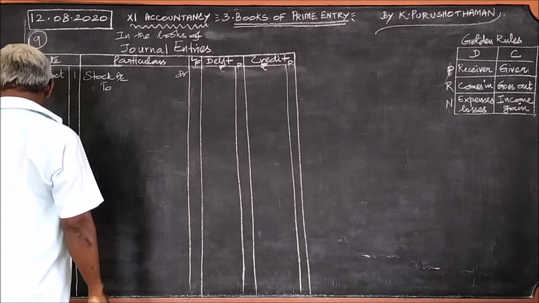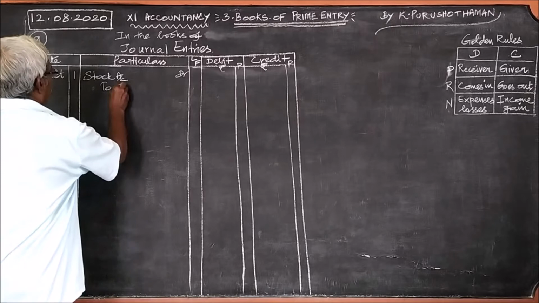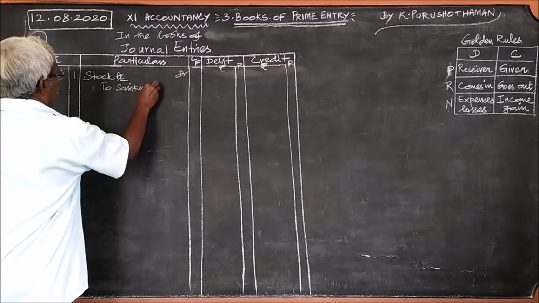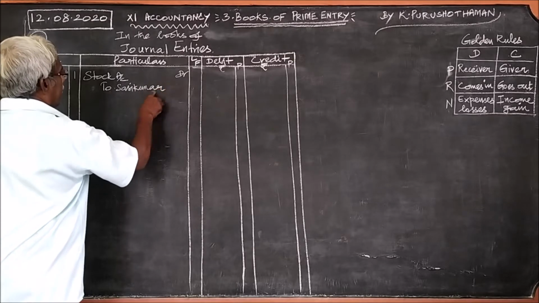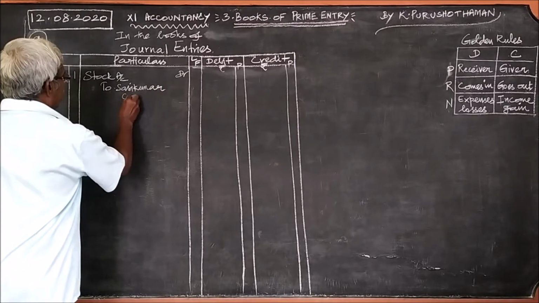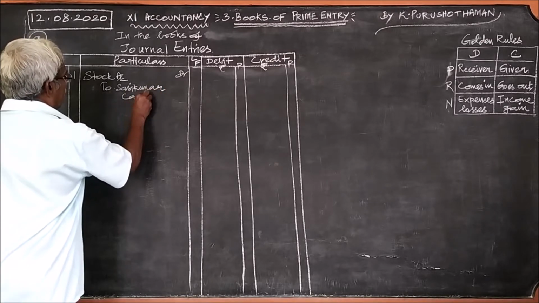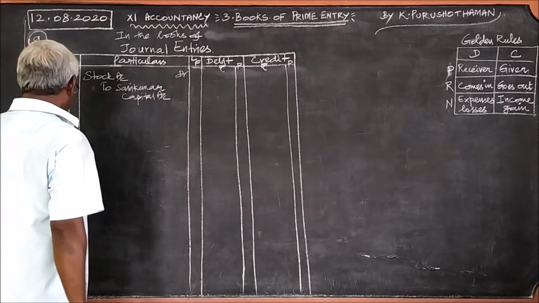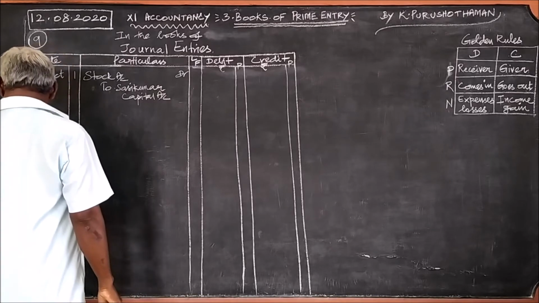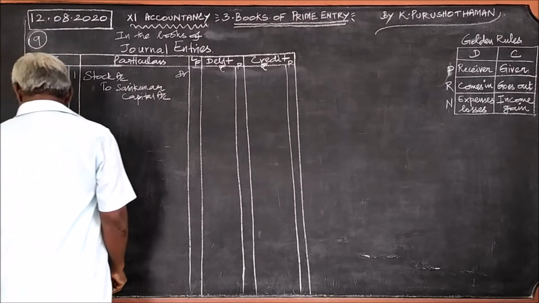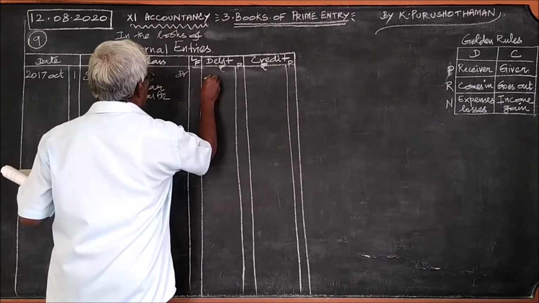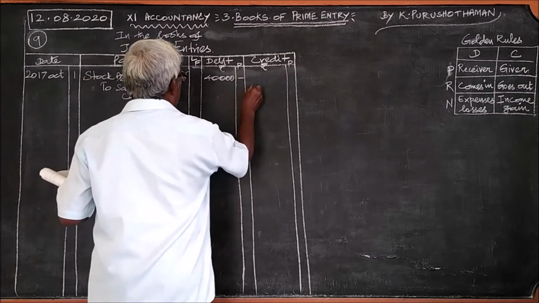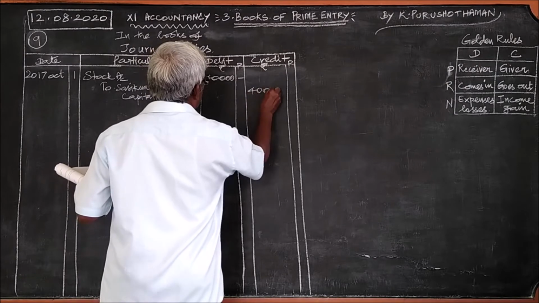Who is the person here? Sasi Kumar. To Sasi Kumar capital account. I cannot write just capital here, therefore I write Sasi Kumar capital account. The amount is 40,000.